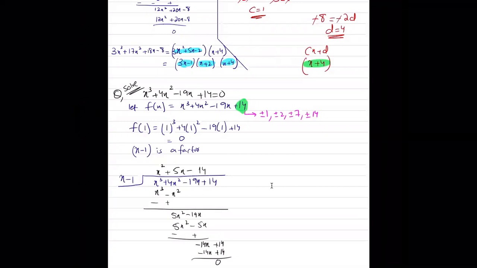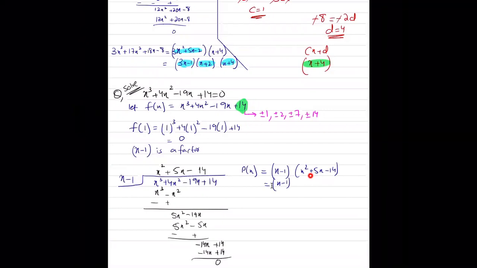I need to solve, remember this. So once I know that the polynomial is now going to be x minus 1 times x squared plus 5x minus 14, is there a possibility to simplify x squared plus 5x minus 14 further? Sometimes there might not be a possibility as well.